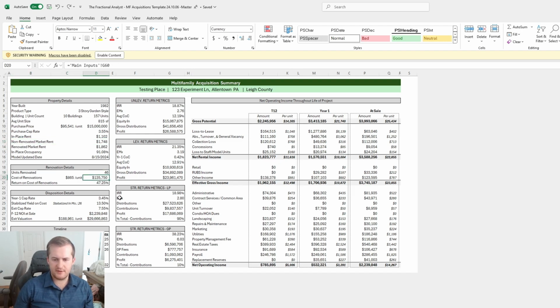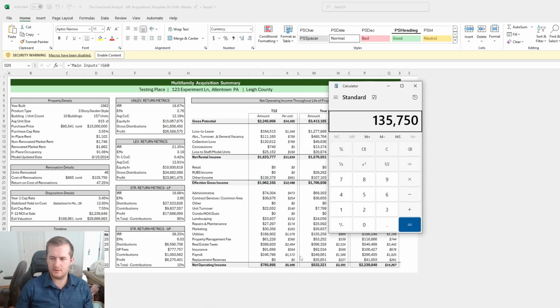So total cost of renovations of $135,000. This is saying $865 a unit to renovate. So that is the total cost of renovations over the total units. So it's blended down. If you actually look at this, right, 135,000 over 46 units, it's closer to like $3,000 a unit.